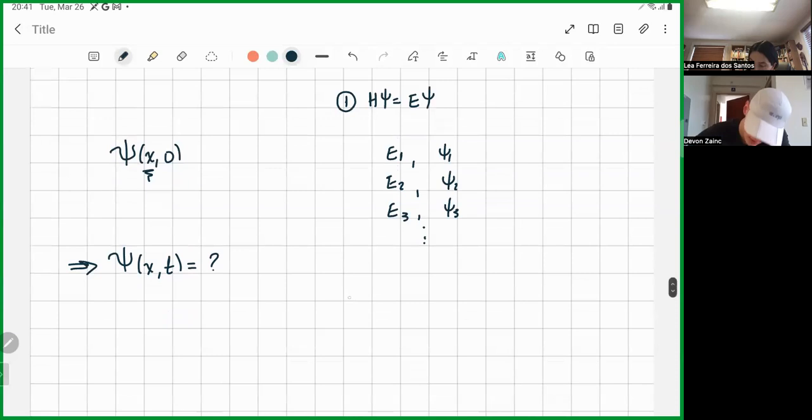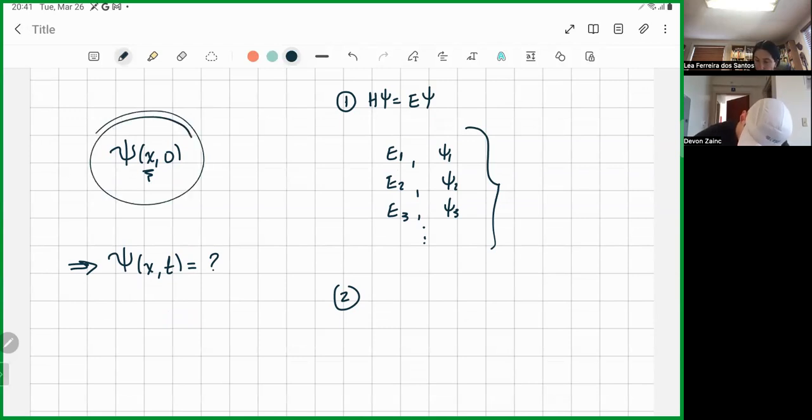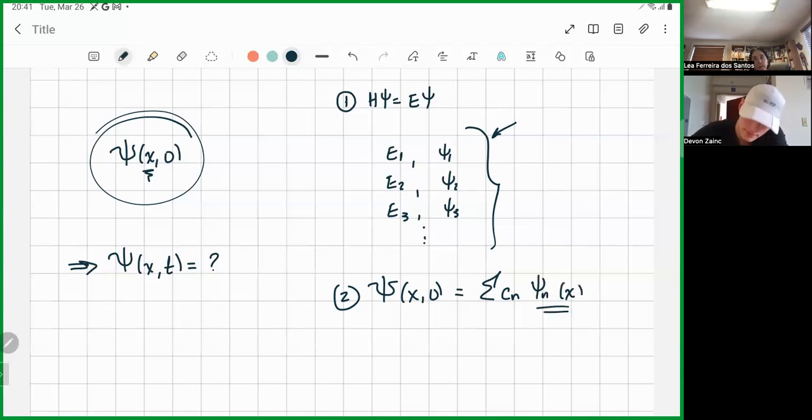Step number 2 is, now that I have these solutions, I have to find a way to write the initial state in terms of those eigenfunctions, as a linear combination, a superposition of these states. And a very important step is, how do we find these components?